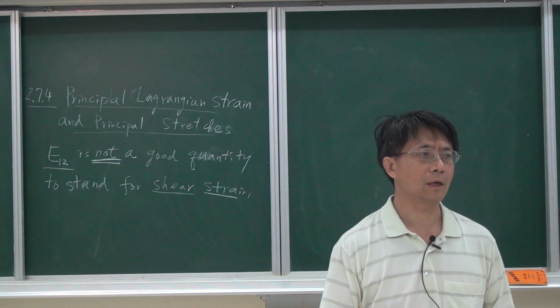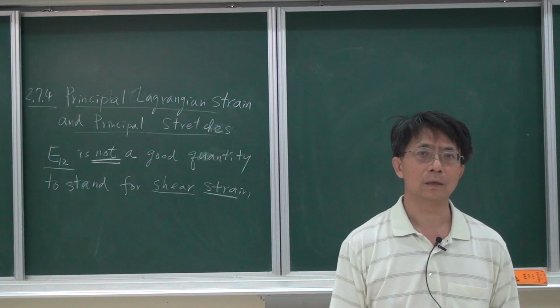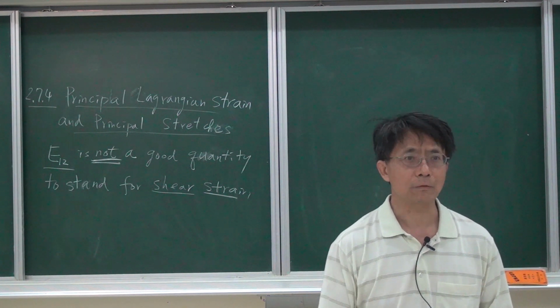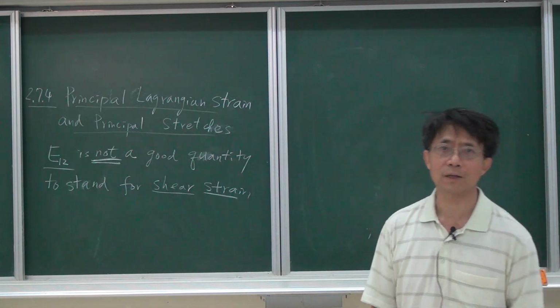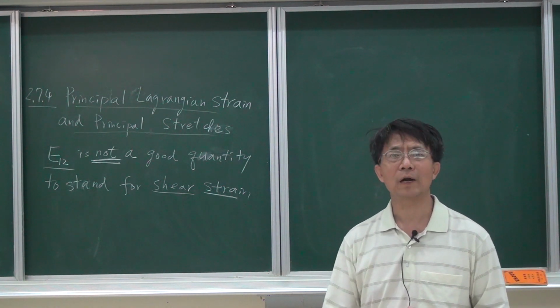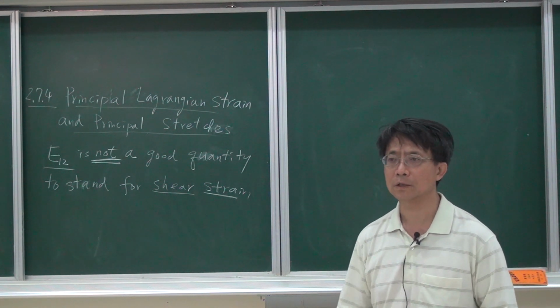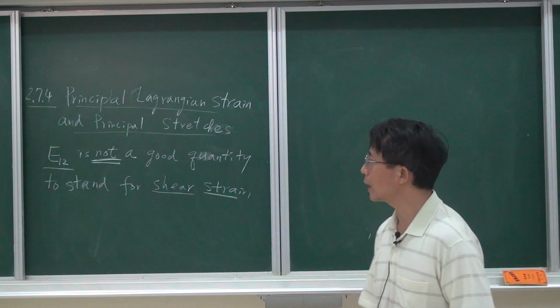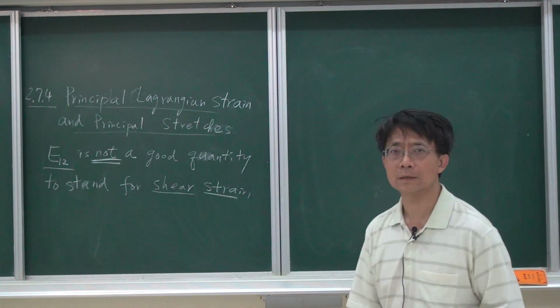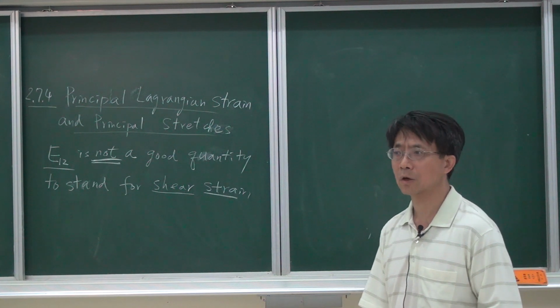We said that our Lagrangian strain is a good one to represent deformation, but its component behavior is weird. What's wrong with this? In this section, let us discuss this concept.